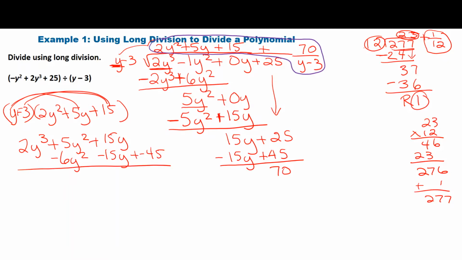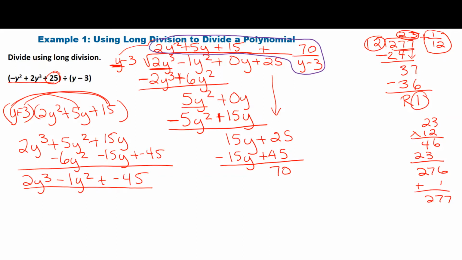All right, so when we add that all together, we end up with 2y cubed minus 1y squared. These y's turn to 0 plus a negative 45. Okay, well, I'm looking at this and I'm thinking, okay, it's pretty close. This is almost exactly the same, but here I end up with 25.